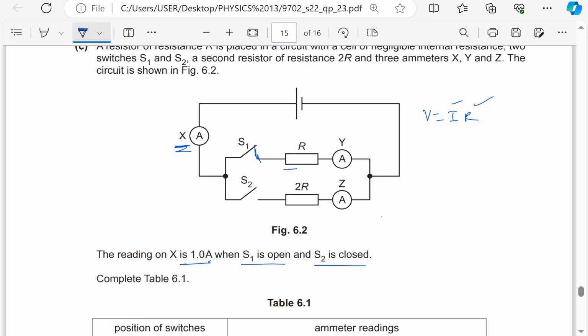So the resistance is R, so the current I is going to be V over R. What is V anyway?